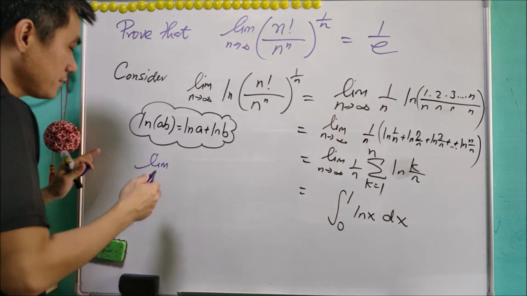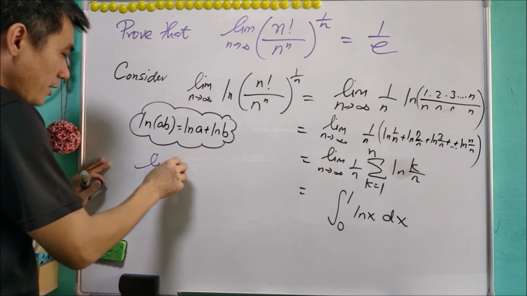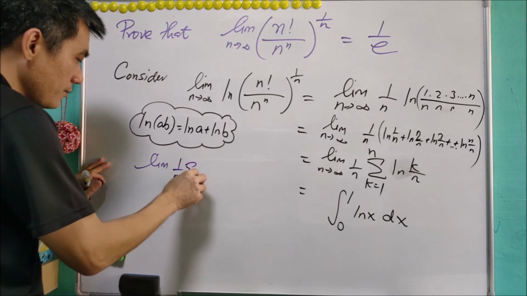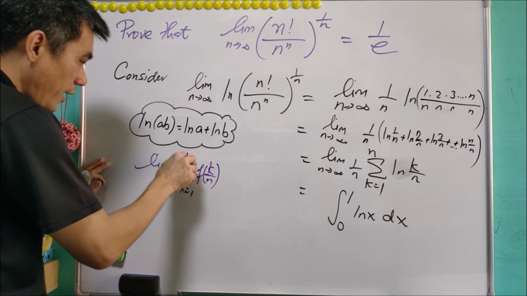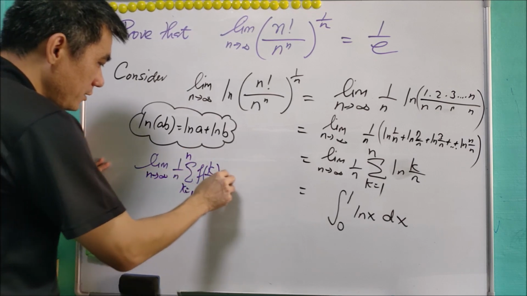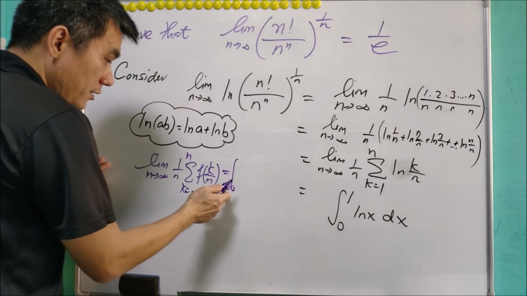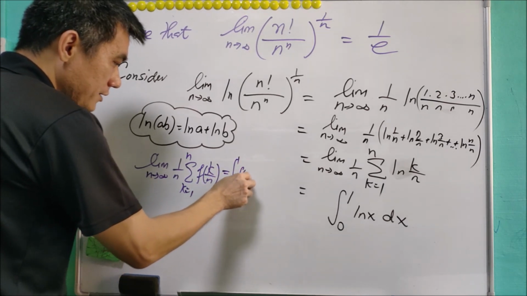It is so because the Riemann sum says that the limit of 1 over n times the summation of f of k over n, where k equals 1 to n and n goes to infinity, equals the integral from 0 to 1 of f(x) dx.